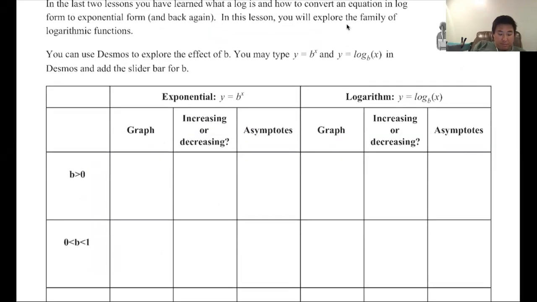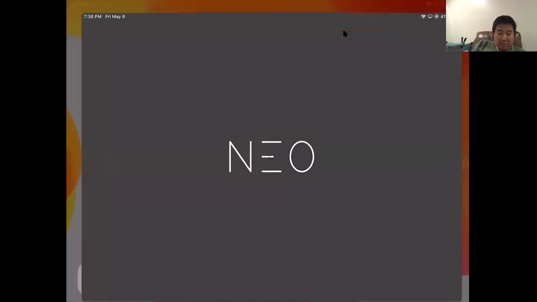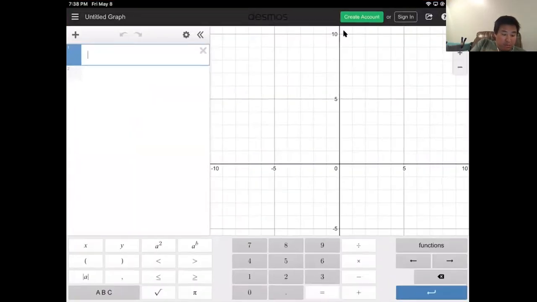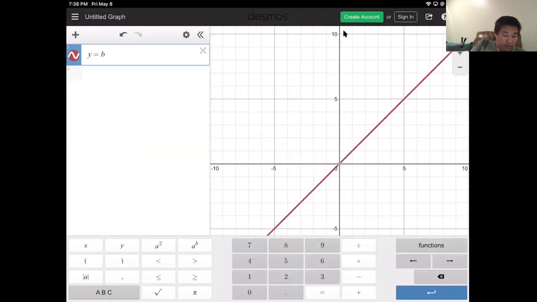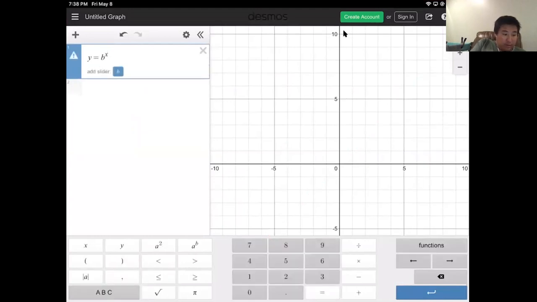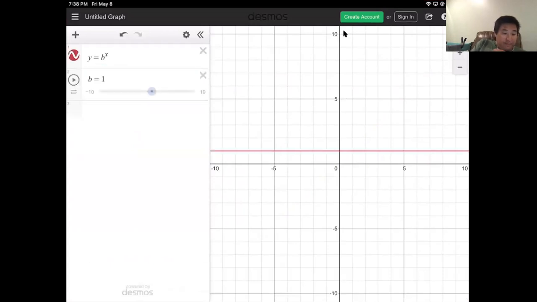So y equals b to the x. Add slider. So when b is 1, it's a straight line.